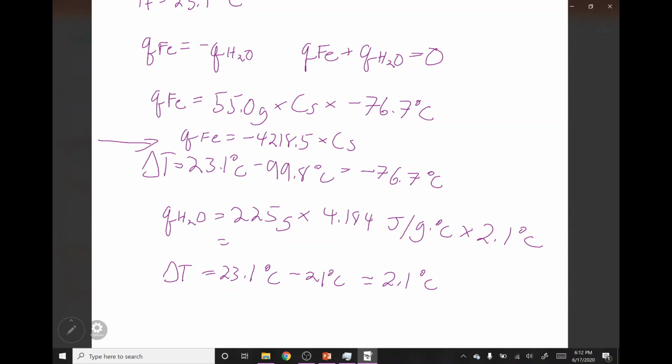Grams, degrees C with degrees C, we're left with joules. So this is Q for H2O.